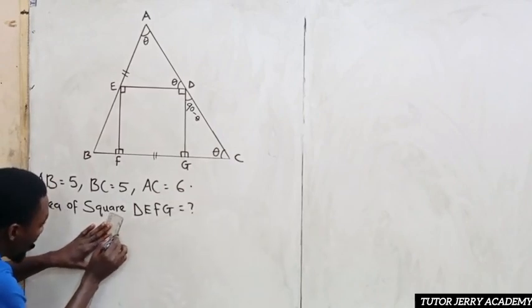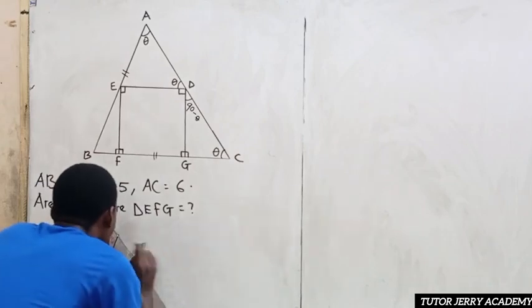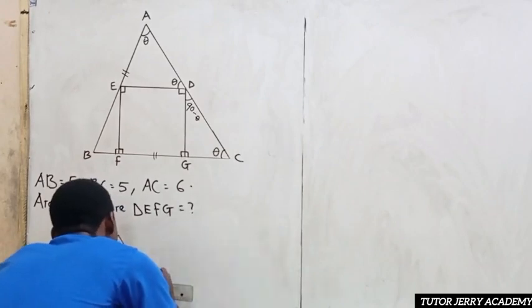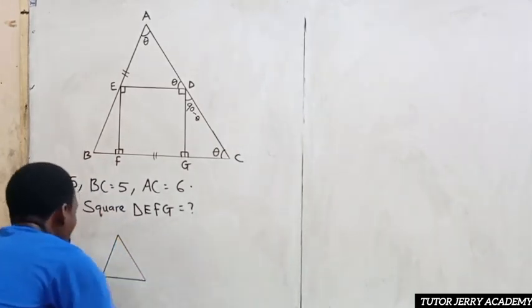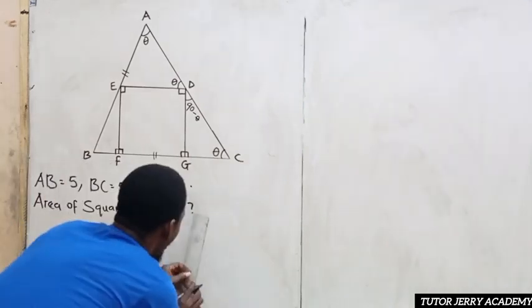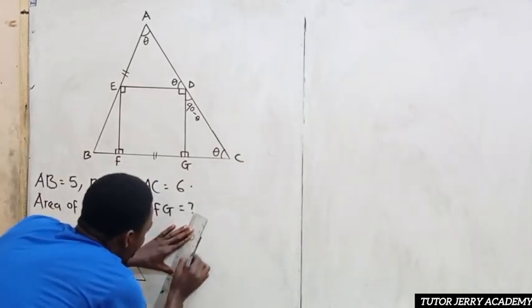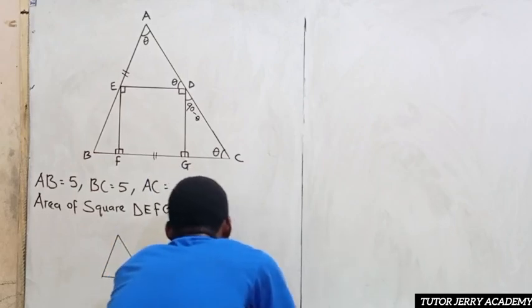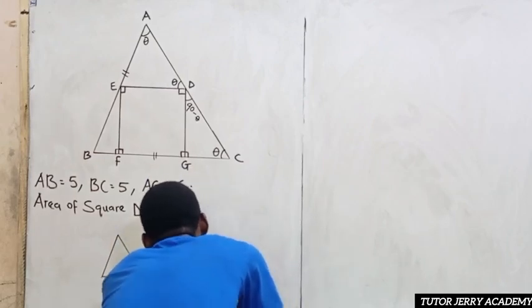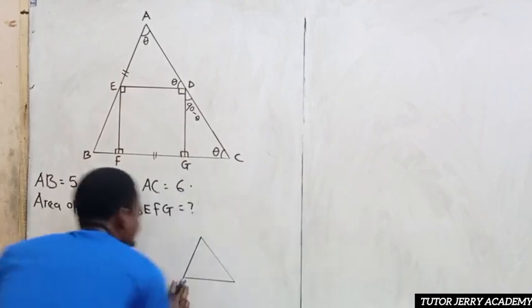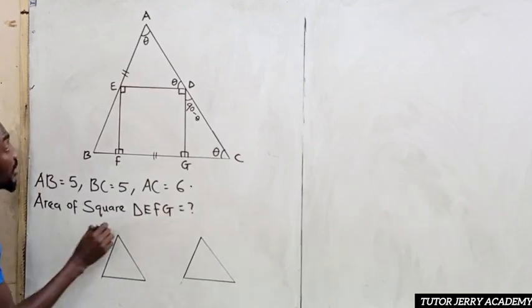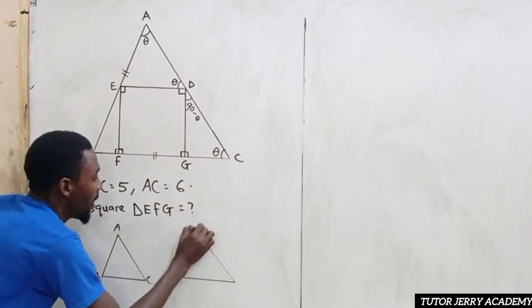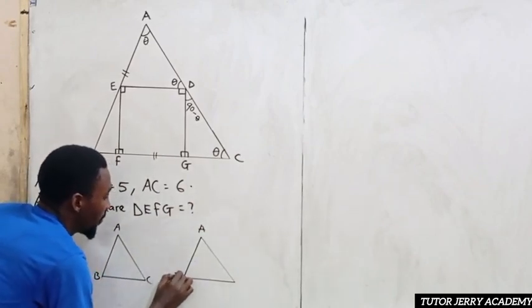Let me draw something like this. All right, so let's say this is our A, B, and C. This is our A, E, and D.